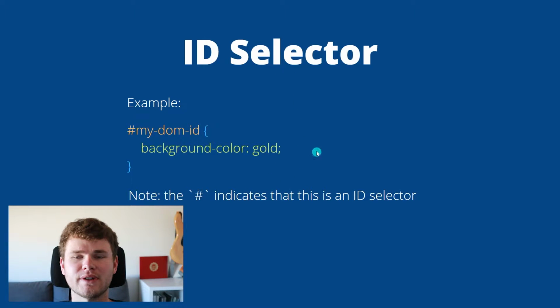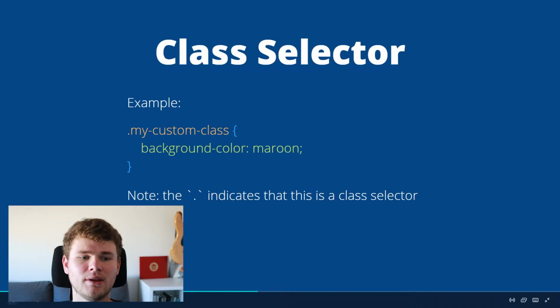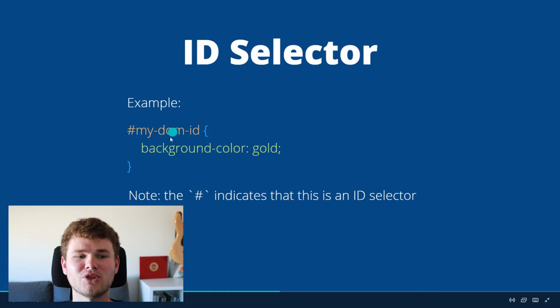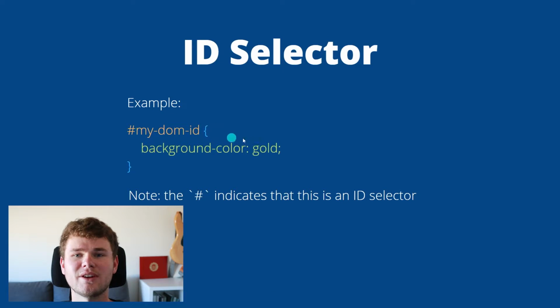It's very specific. It's the most specific selector we've seen. So in the end, the button, which has an element type of button, as we saw, which has a style class of my custom class, a very descriptive name, and which has the DOM ID of my DOM ID.